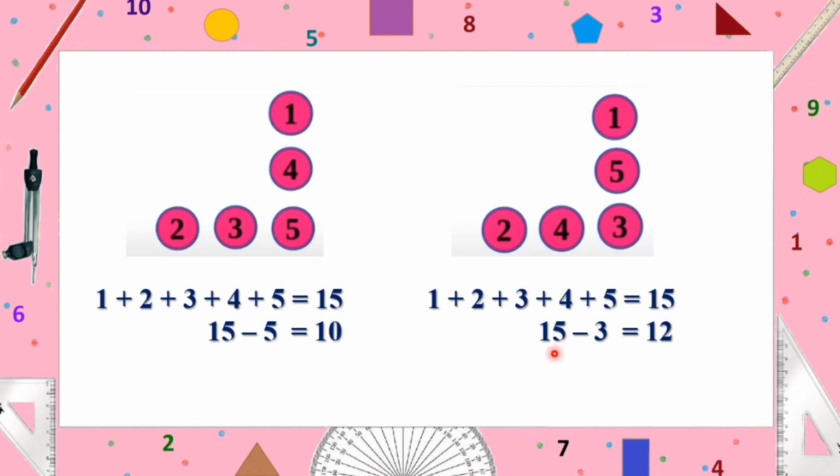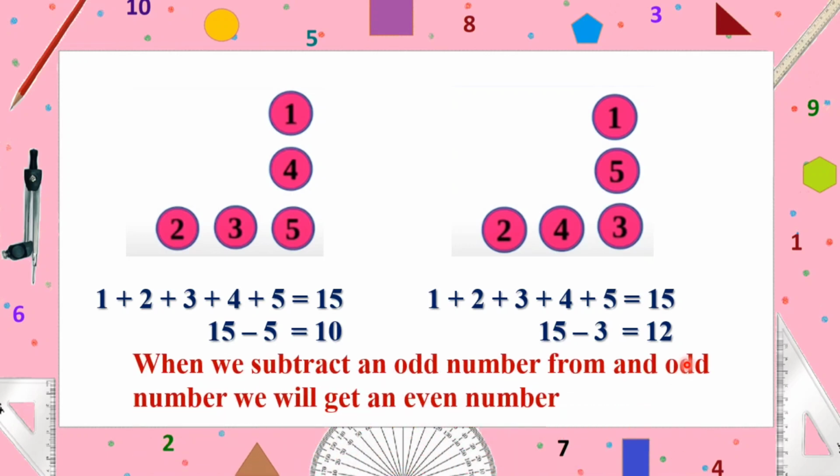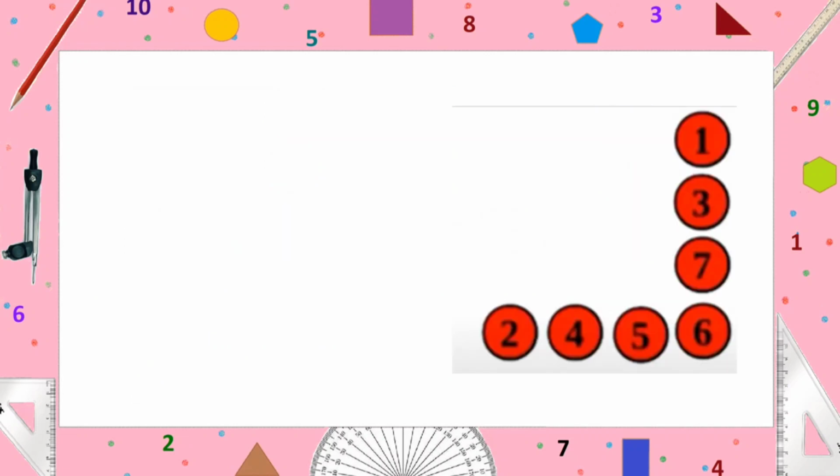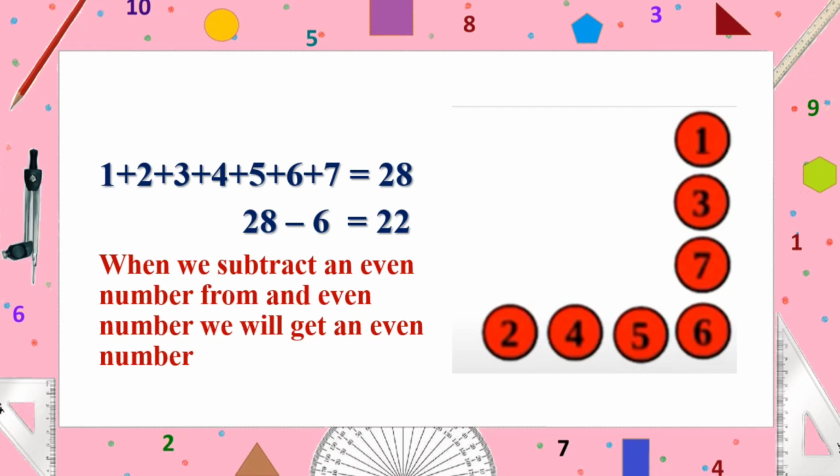Here also, when we subtract 3 from 15, an odd number from an odd number, we will get an even number. Likewise, when we subtract an even number from an even number, we will get an even number.